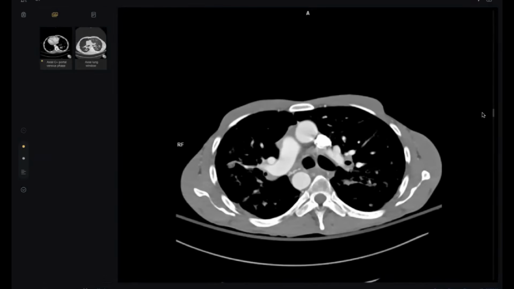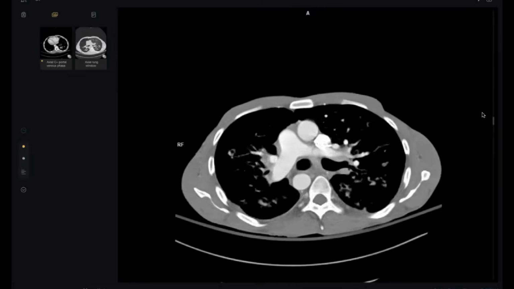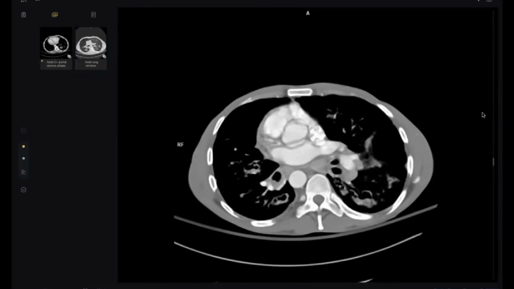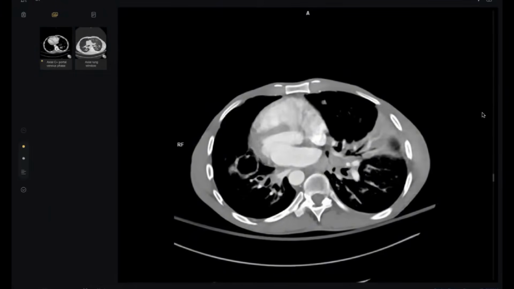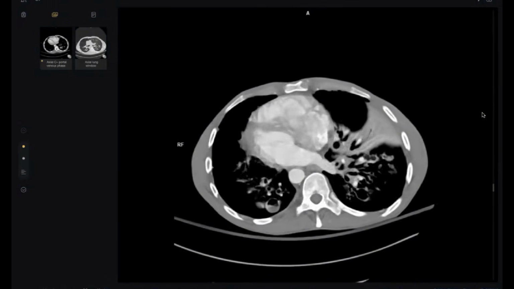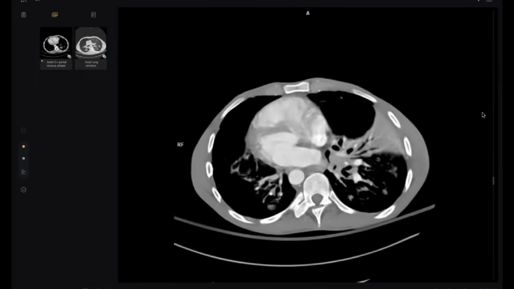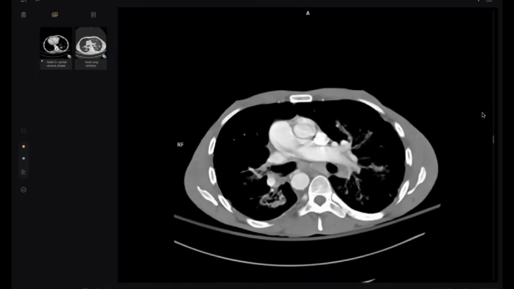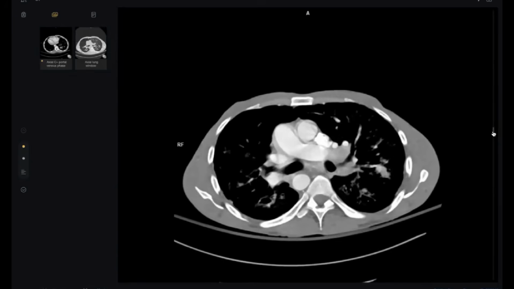Is there something around the descending aorta? I'm not sure, doctor. If you are not sure, what is your next step? This patient has hemoptysis and the clinician wants to know the exact cause. The pulmonary artery here is completely normal, and this patient has bronchiectasis.